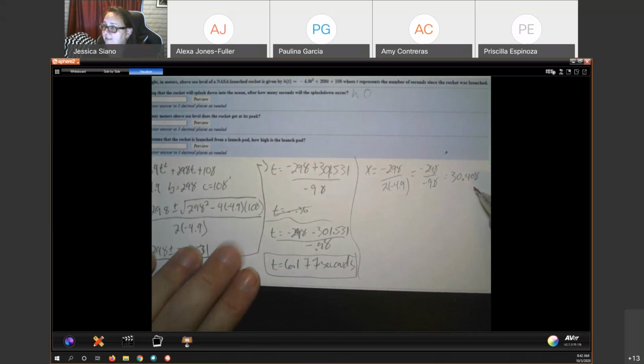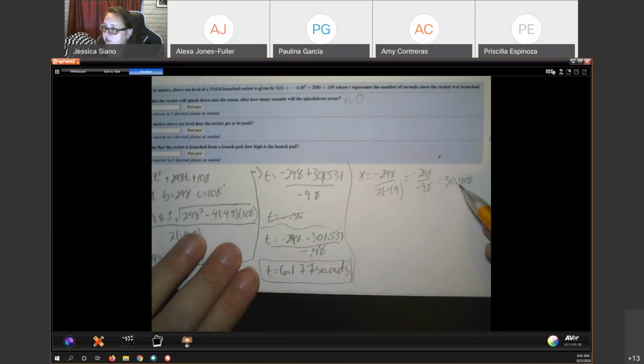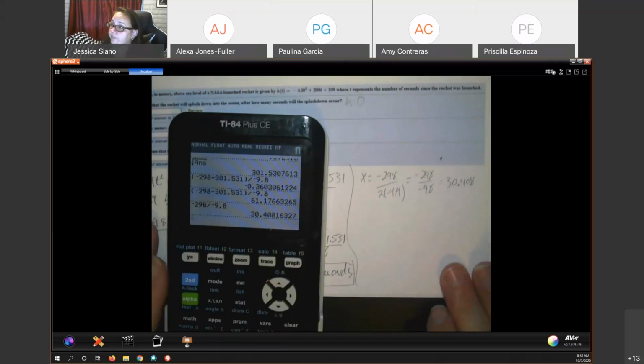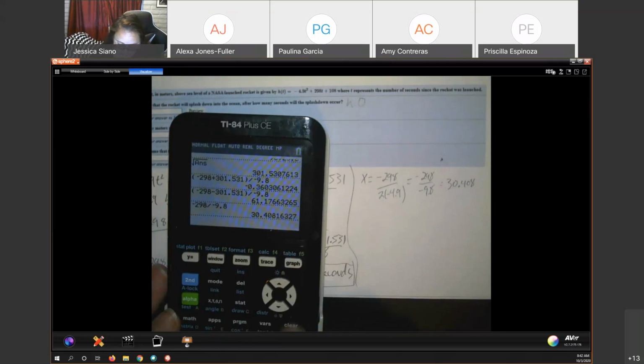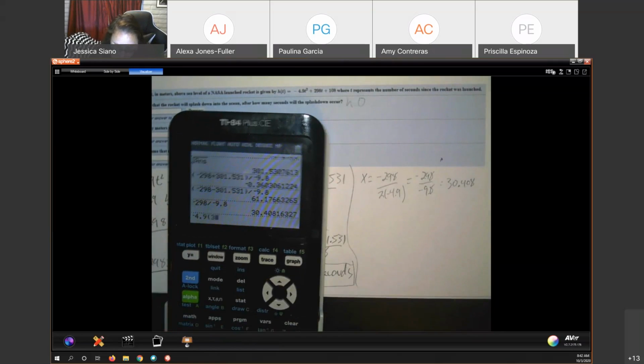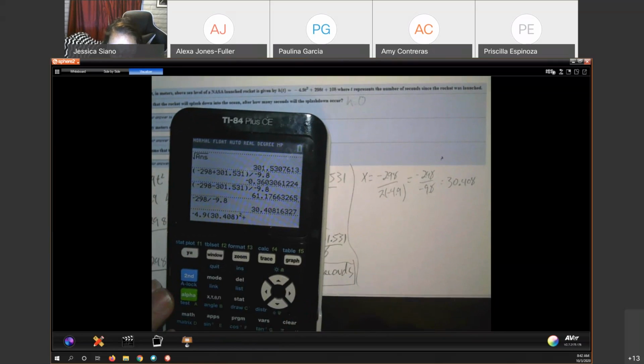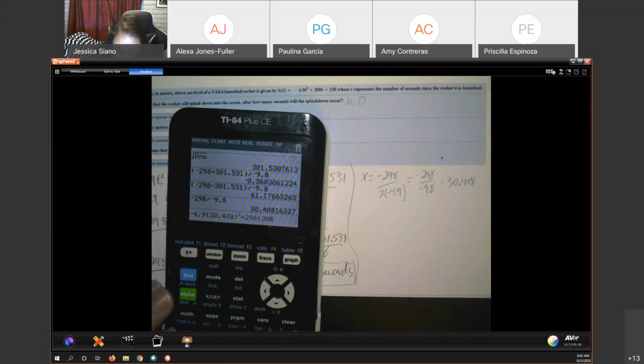To figure out what its maximum height is, we take this 30.408 and we plug it in. Negative 4.9 times 30.408 squared plus 298 times 30.408 plus 108.